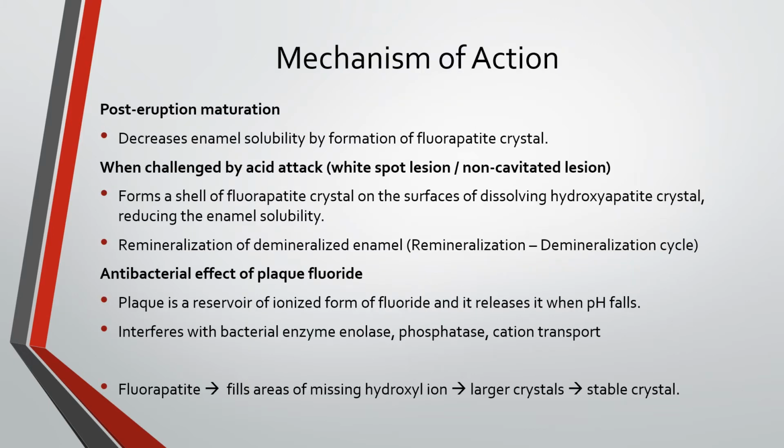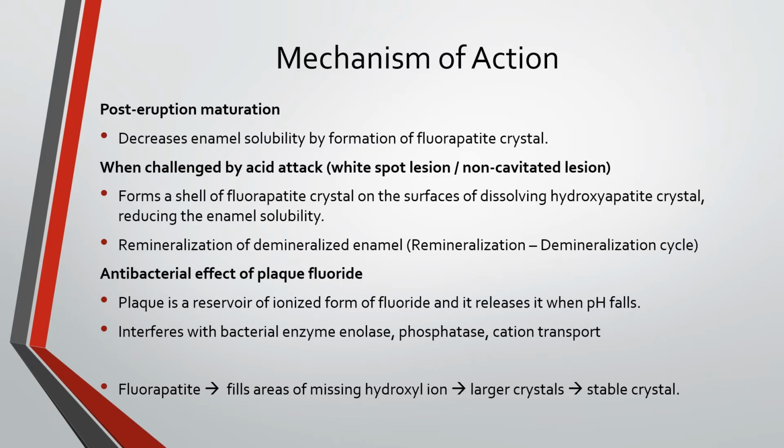All right, so we will quickly recap the mechanism of action of fluorides. We remember that when fluoride reacts with the hydroxyapatite crystals, it converts those hydroxyapatite crystals to fluorapatite crystals, and those fluorapatite crystals are much more stable and larger crystals.